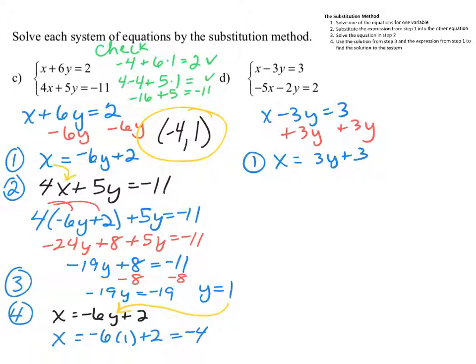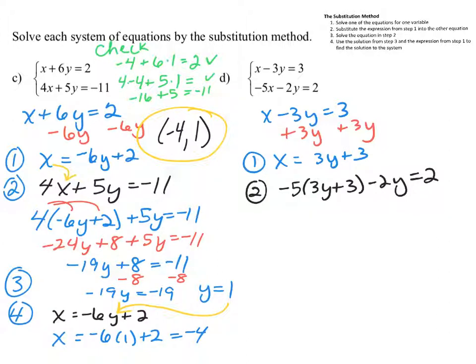Step number 2 is to plug that equation, or substitute the expression from step 1 into the other equation. So step number 2, we're going to take negative 5x, but instead of that x, we're going to replace it with 3y plus 3 minus 2y equals 2.